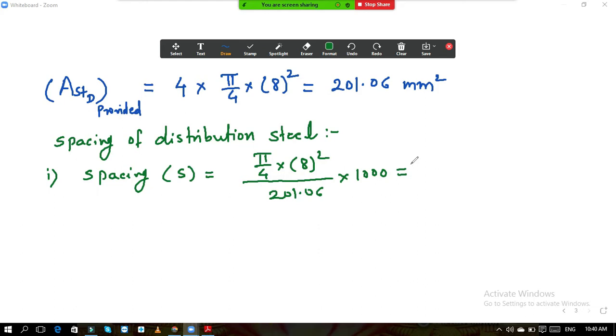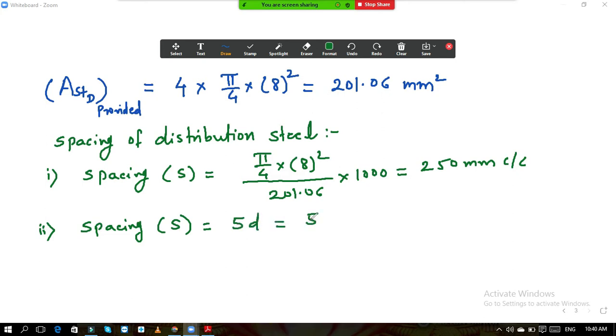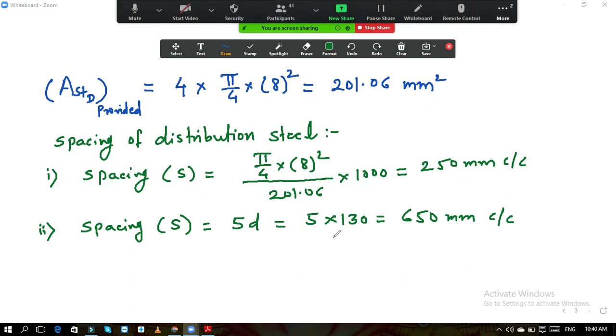If you solve this, it comes out to be 250 mm center to center. Then secondly, according to IS 456 clause number 26.3, page number 46, spacing for distribution steel is 5D, 5 into 130, it is 650 mm center to center.